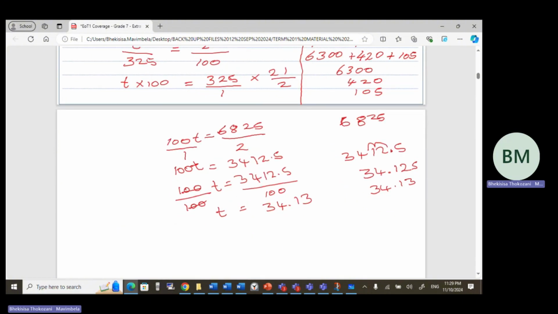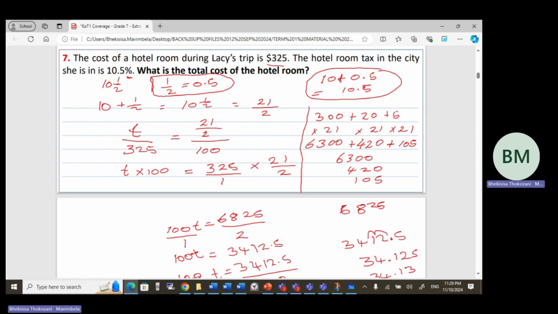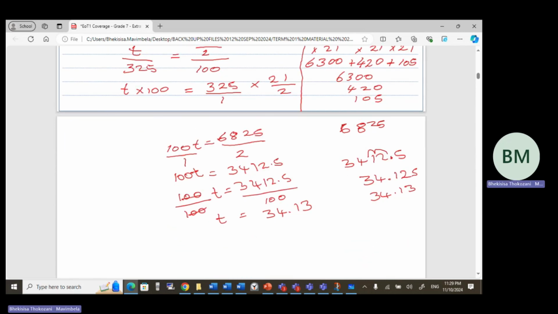And then again, we need to add this with that 325. So now I'm having 325, okay, plus 34.13. Then we add: 3, 1, 9, that's 5, and this is 2, so this is 3.